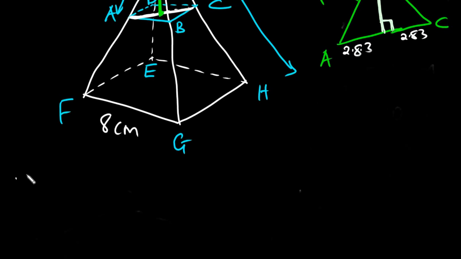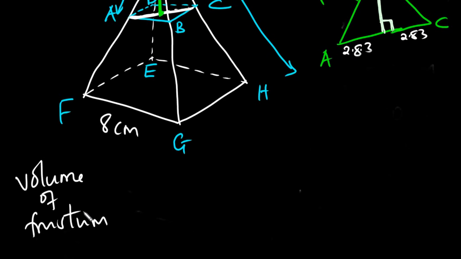To get the volume of a frustum, I know we haven't looked at the volume of a frustum of a pyramid, but we have looked at the volume of a frustum of a cone, and there's not much difference.